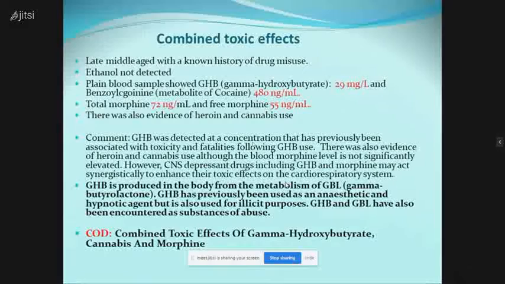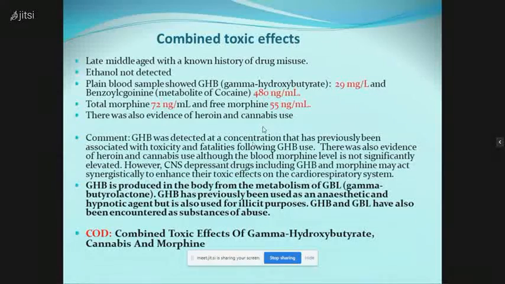It's less than the other one I have shown you. So the gamma hydroxybutyrate was detected at a concentration previously known to be associated with toxicity and fatality. So by itself, this value is toxic, and there was also a metabolite of cocaine 480 nanogram per ml.